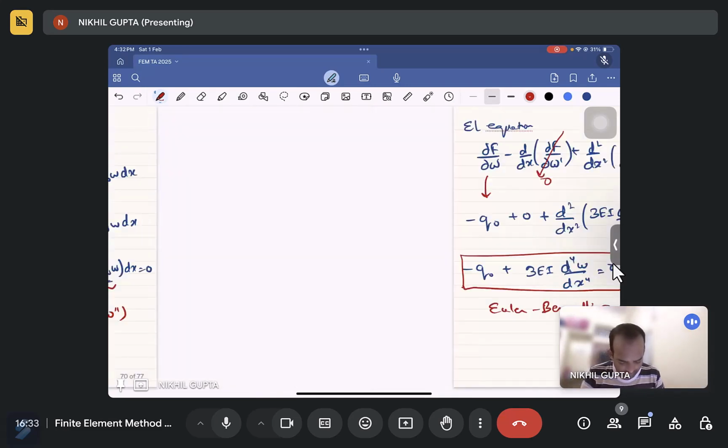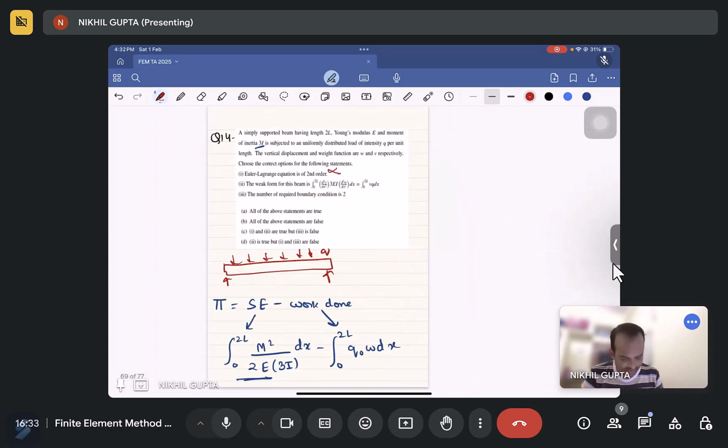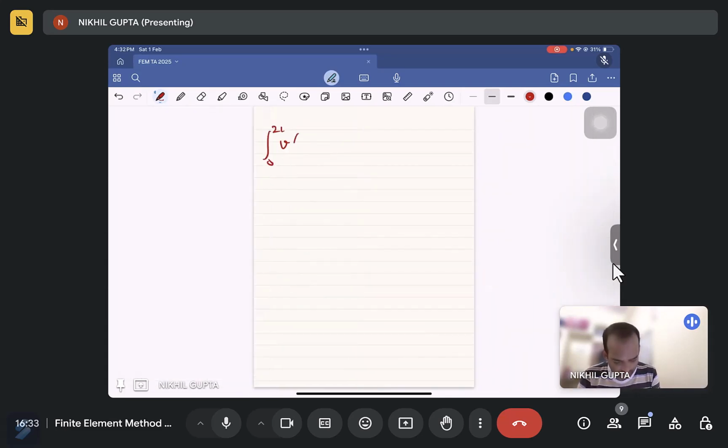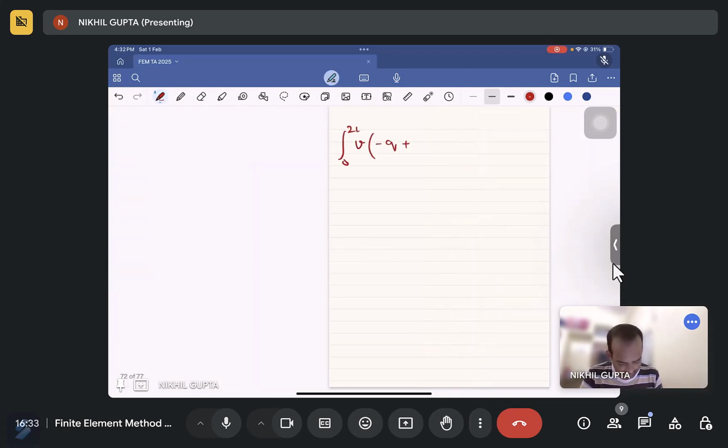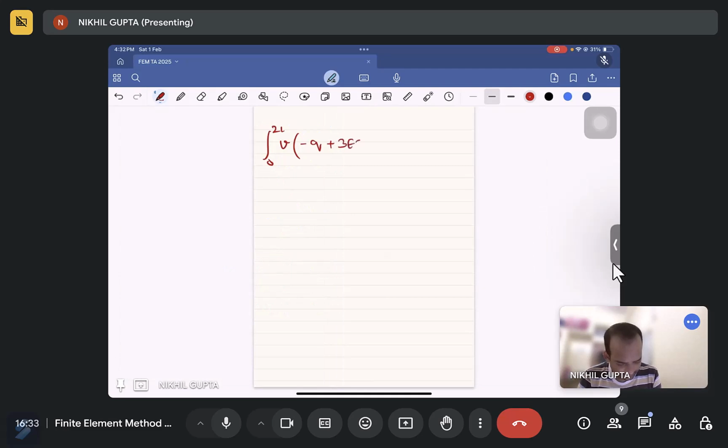I think they have used v only, no? Okay, they have used v only, so we can use v times minus q plus 3ei d4 w by dx power 4, dx equals 0. Okay, so this is the way to get the weak form equation of the Euler-Bernoulli equation.